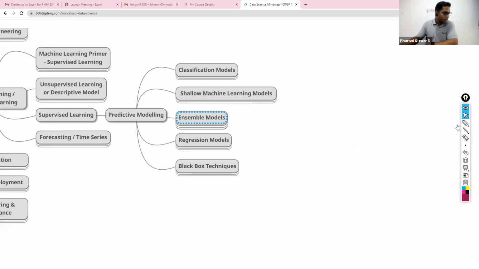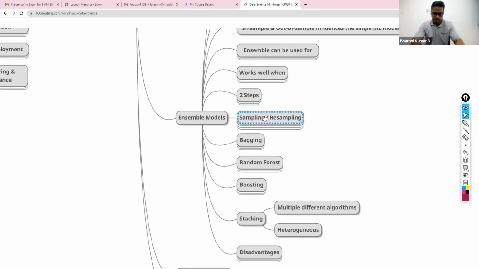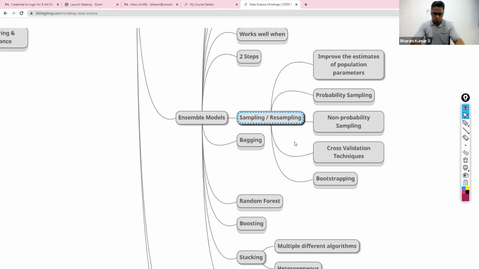Now let's get into bagging and let's understand more on bagging. Even before that, let's talk about sampling or resampling. Let me see if I've made a note of this.